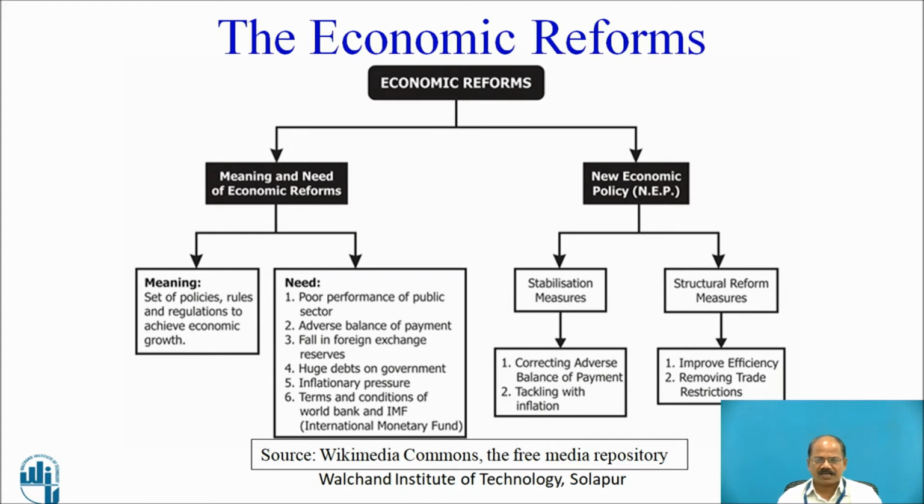Correcting adverse balance of payment was the topmost criterion, and tackling inflation was also a priority of the government. In the structural reform, there were efficiency improvement measures and redefining the trade restrictions that were imposed onto the majority of the industries.